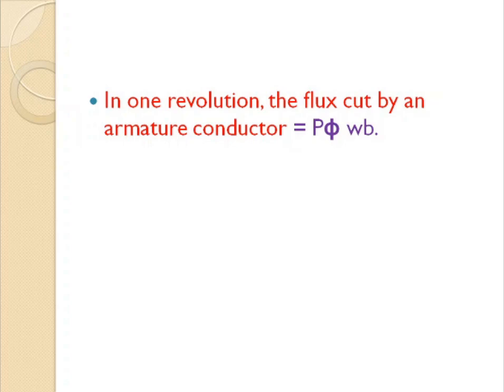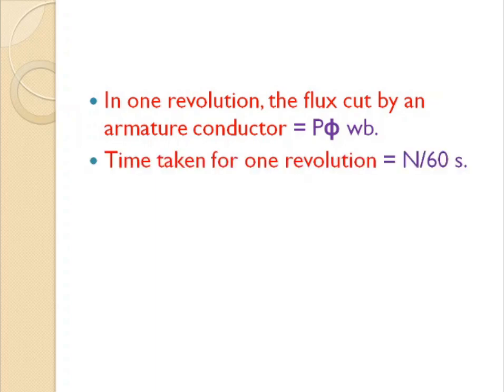So in one revolution, flux cut by one conductor is given by P into phi. Time taken for one revolution is equal to 60 by N seconds. We know N is revolutions in 1 minute, that is revolutions in 60 seconds. So one revolution will take 60 by N seconds.